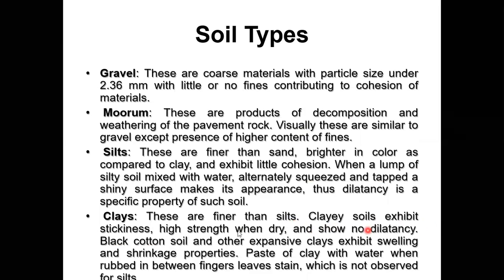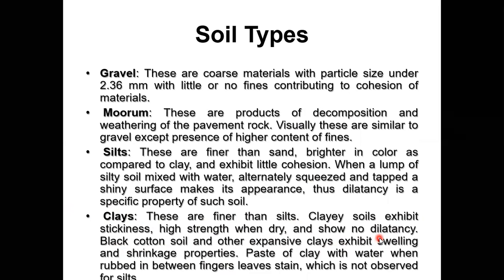Clay soils exhibit stickiness, high strength when dry, and show no dilatancy. Black cotton soil and other expansive clays exhibit swelling and shrinkage properties. Basically, in clay soil, fine particles are more, because of that there is more surface area. These soils are called expansive soils because when dry, they will be very hard and shrink, but when saturated, they swell.